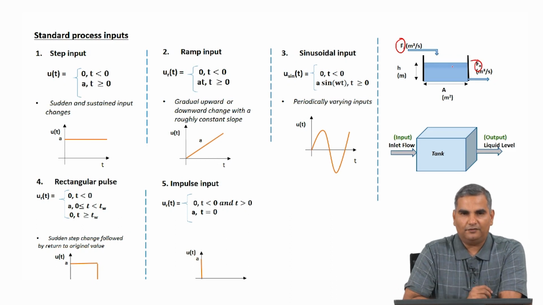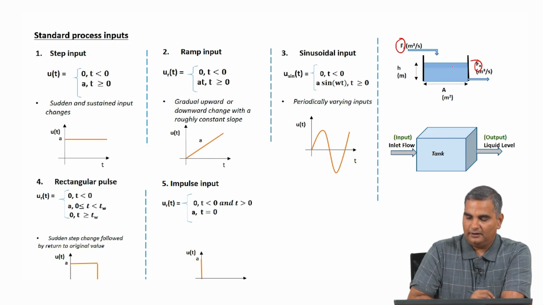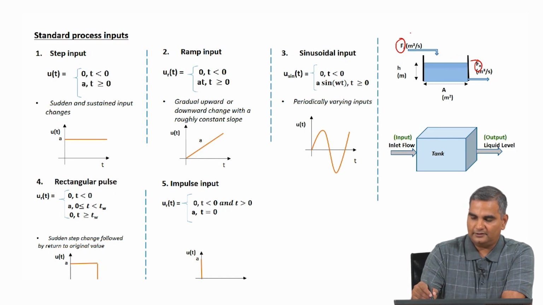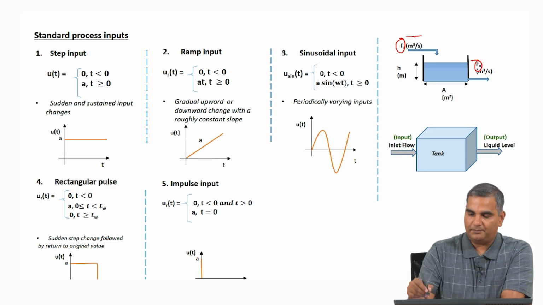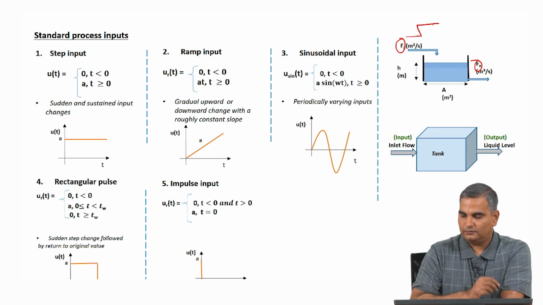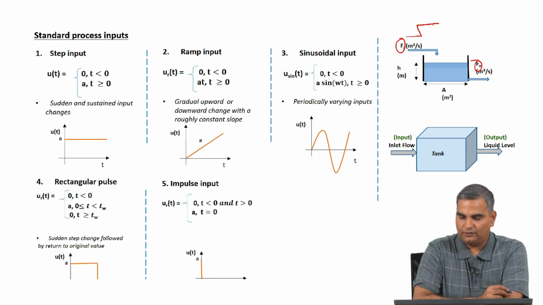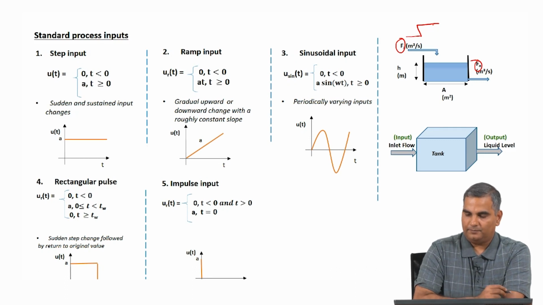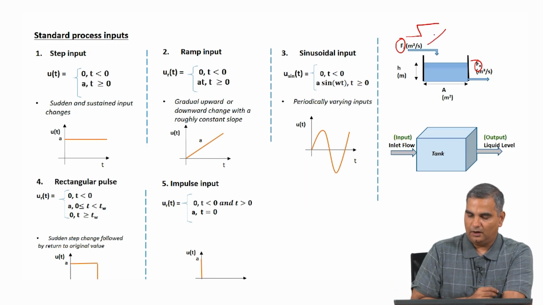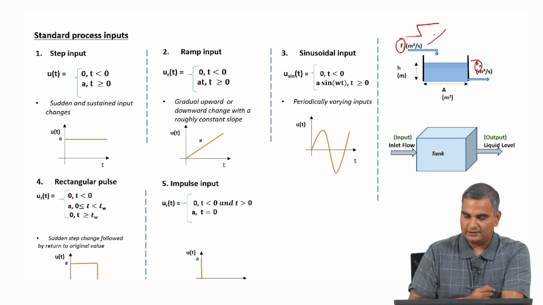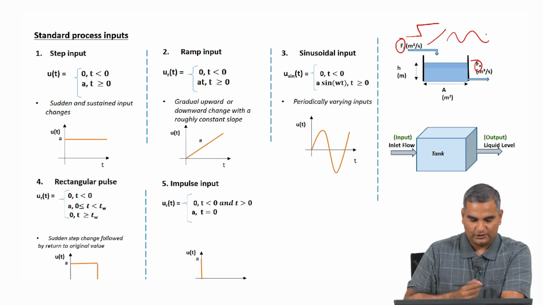So, physically what we are asking is the following: if I change this input, so let us say this is a constant flow, and if I suddenly step up this constant flow, how do you think the outlet flow will change? Or if I suddenly ramp up this inlet flow, how will the outlet flow change? Or if I modulate this in a sinusoidal fashion, how will it change, and so on.